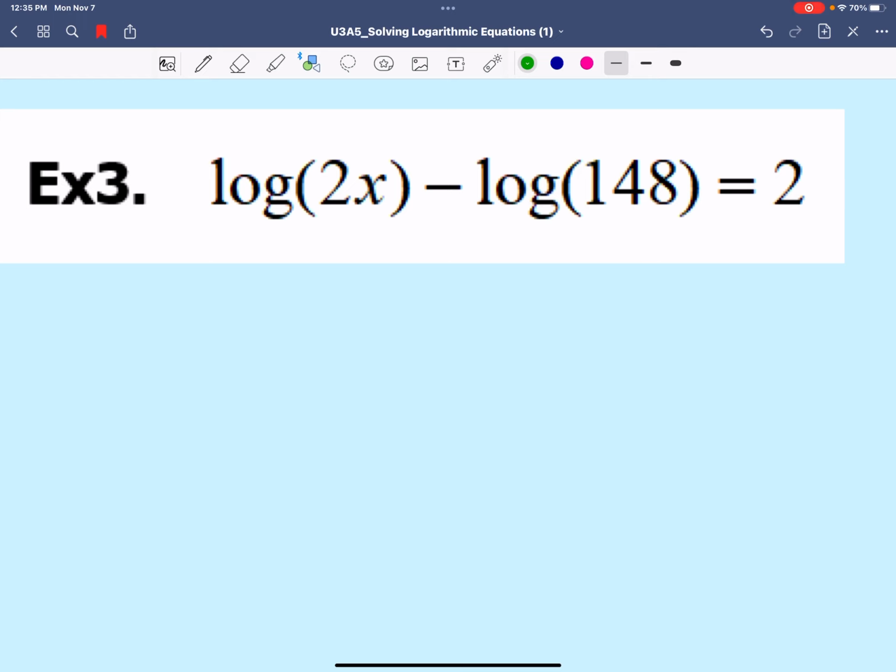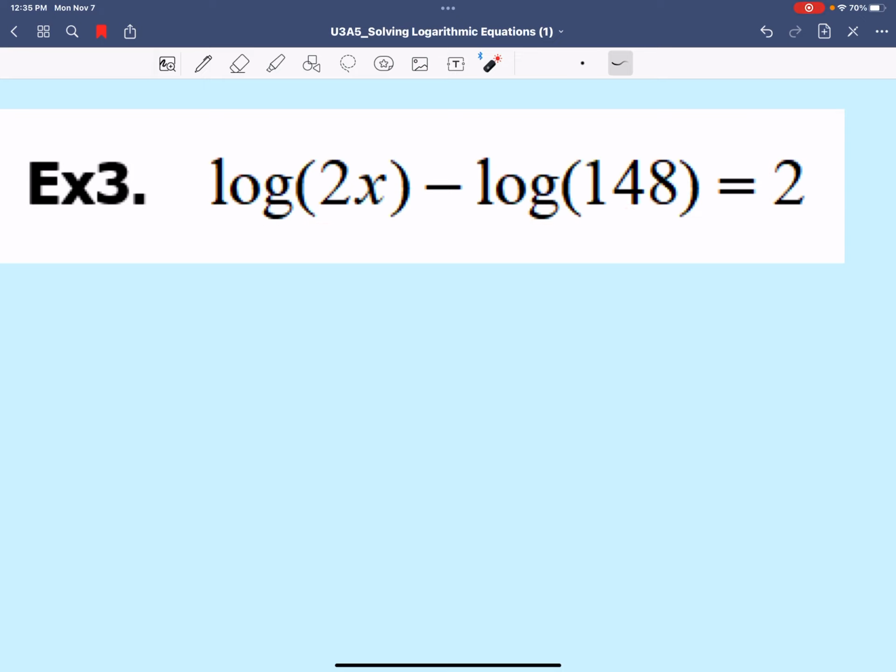Now, what we have in this case is two terms connected to each other by subtraction sign and a constant term on the other side. So you probably noticed that we have log terms on the left and just regular normal terms, so just a constant on the other side.